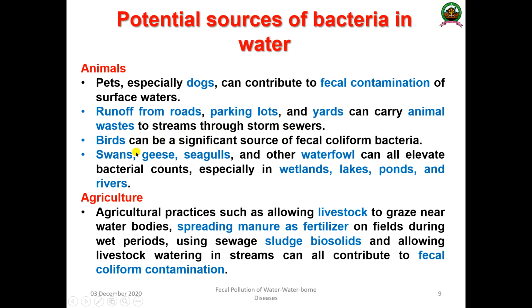Similarly, the excreta of birds is a contaminant source of fecal coliform bacteria. Birds like swans, geese, or seagulls, waterfowl, can contribute a lot of excreta, and their feathers can contribute contamination, and this elevates the bacterial count, especially in wetlands, lakes, ponds, and rivers.